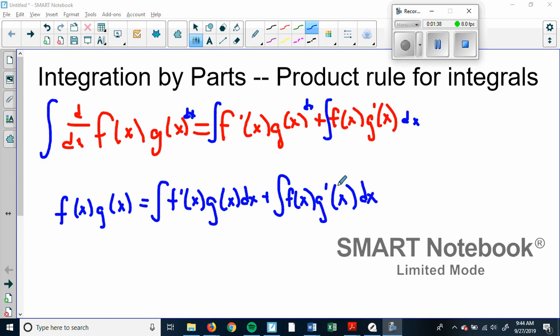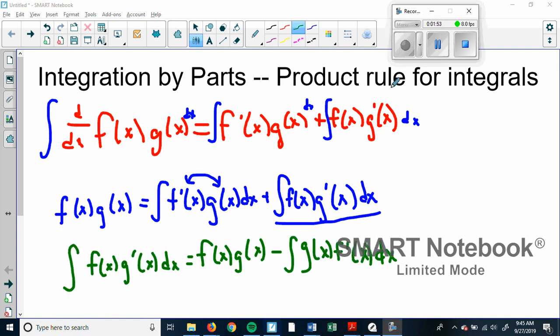That doesn't look like much, but now we're going to solve for this here, and I'm also going to switch these around. And when I do those things, what we end up with is this. So this is the integration by parts rule, the product rule for integrals, if you will.